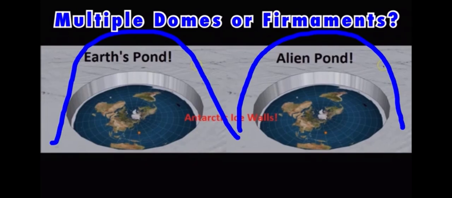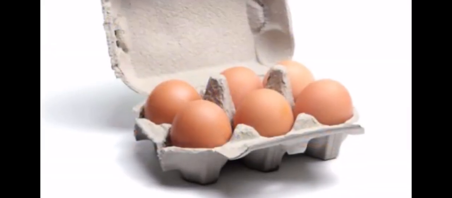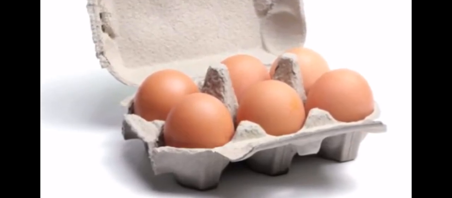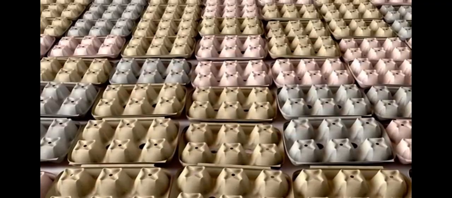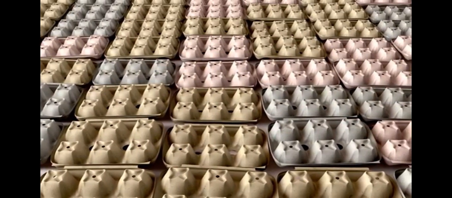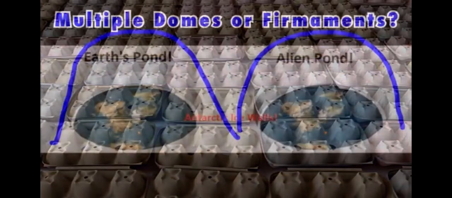Imagine them all lined up, if you will. Like you could line up a bunch of domes and firmaments like an egg carton. Yeah, a bunch of domes all lined up together. Hell, there could be thousands of them. Millions of them. Could you imagine like a dome matrix? Hell, if you can imagine it, it could be possible.